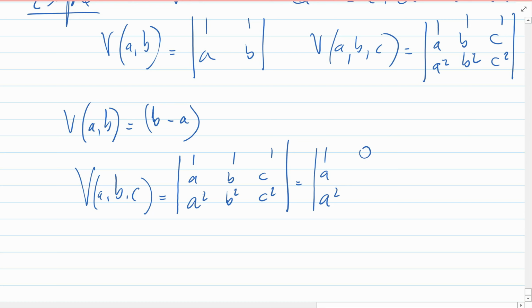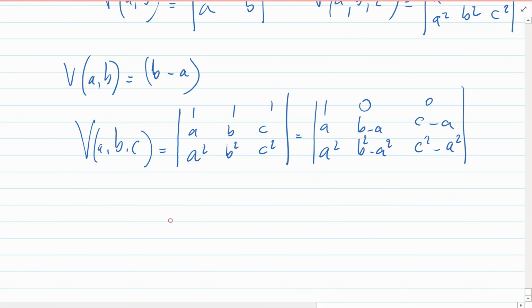That gives 1, 0, b minus a, b squared minus a squared, 0, c minus a, c squared minus a squared. Now, if I can factor out b minus a from the second column.